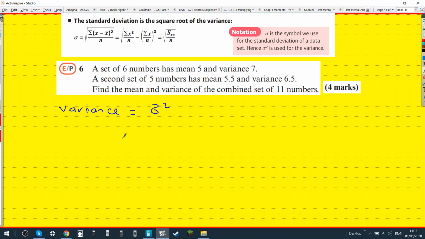So the standard deviation squared is equal to 7 and 6.5. Standard deviation will be root 7 for the first one, root 6.5 for the second. But the answer asked for the overall variance, so I don't think we need to do anything with standard deviation. I might be wrong. Let's start with mean.